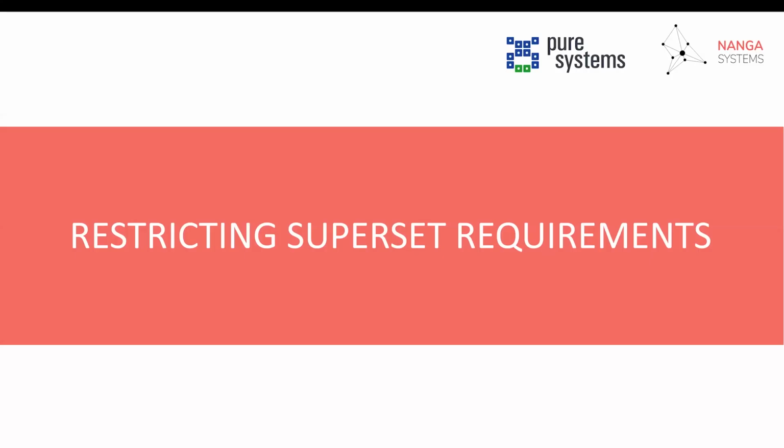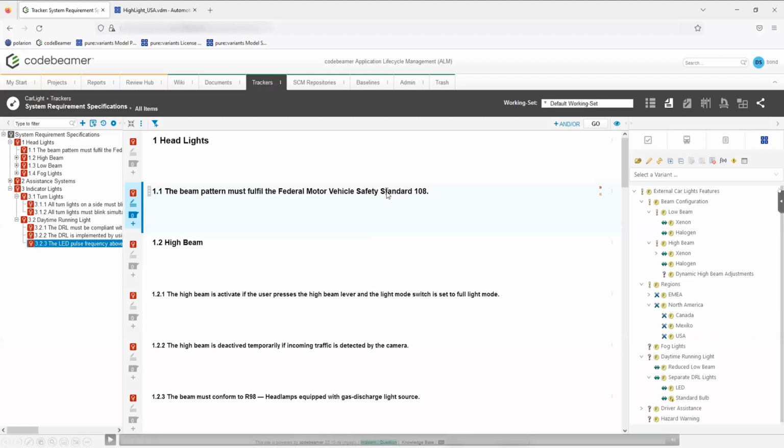First topic is how to restrict the requirements in Codebeamer. As well, in here, it's the nice picture Lars showed you. Just for wrap up, on the left side we have our system requirement specification, and in the middle we have our document with all the document content.